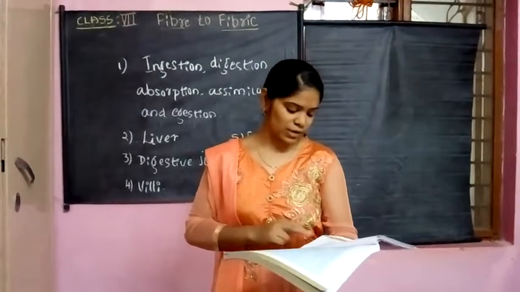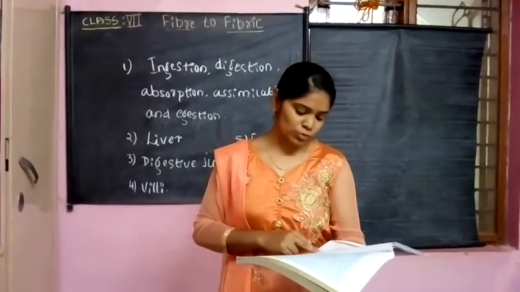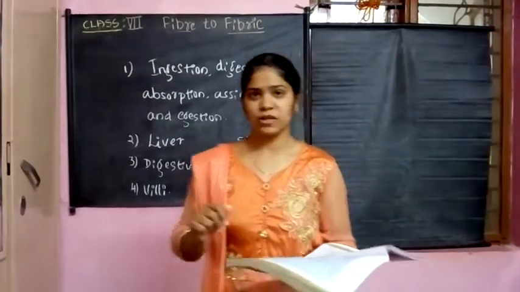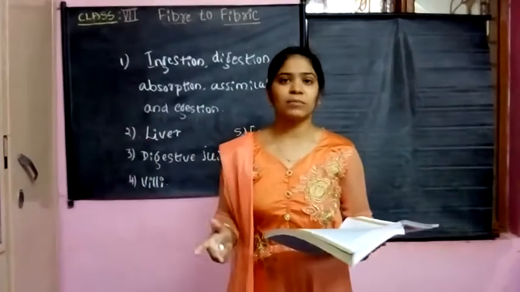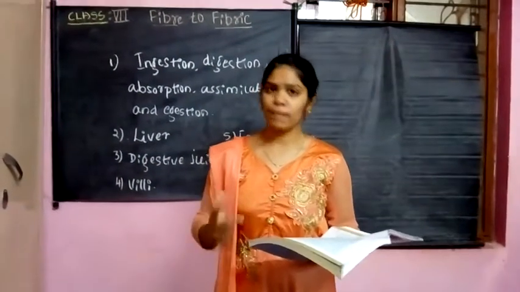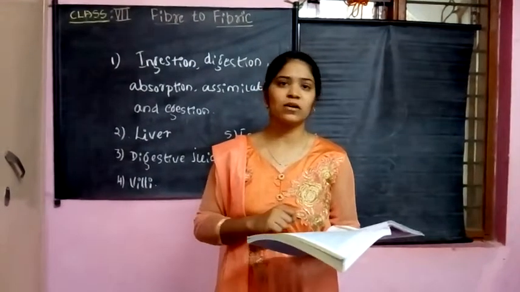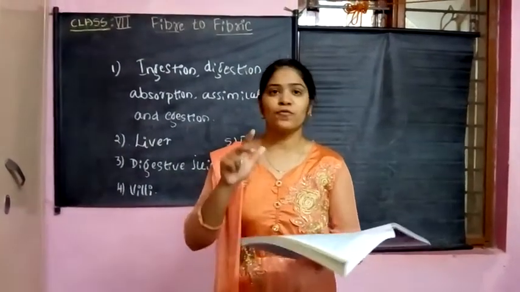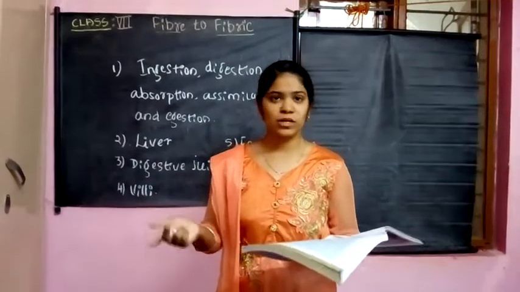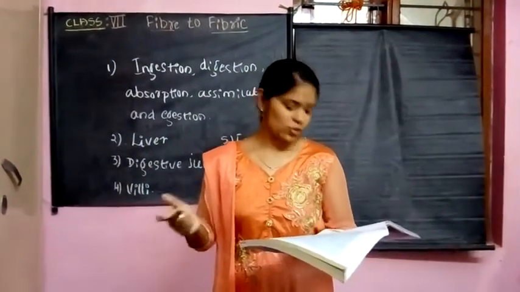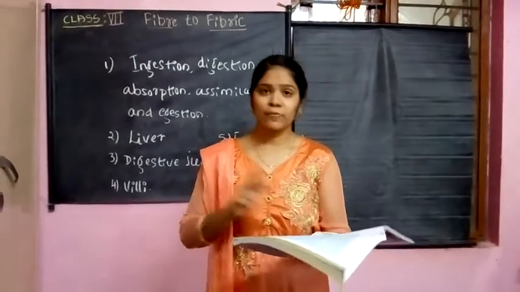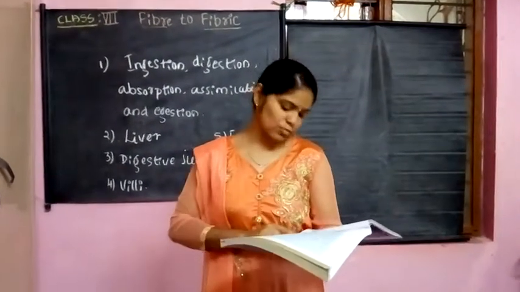As I told, the fat materials are digested by the bile juice. Here they did not mention the liver as well as the gallbladder, but after the gallbladder it will move to the stomach, small intestine. So the answer is, fat is completely digested in the small intestine.